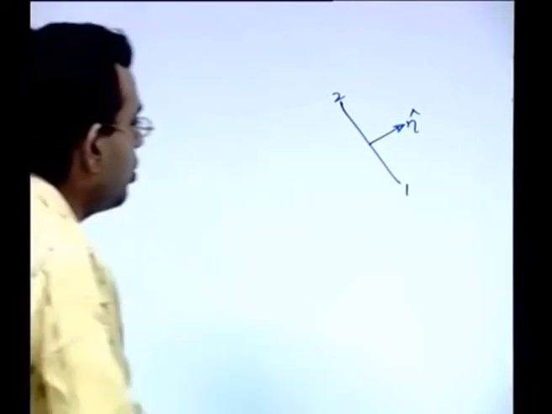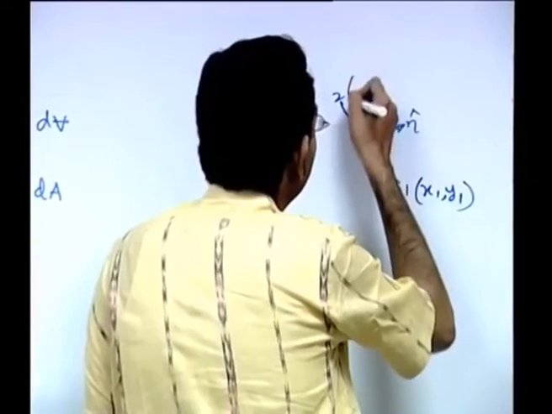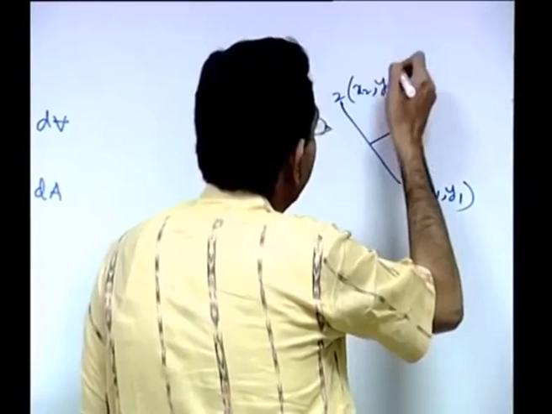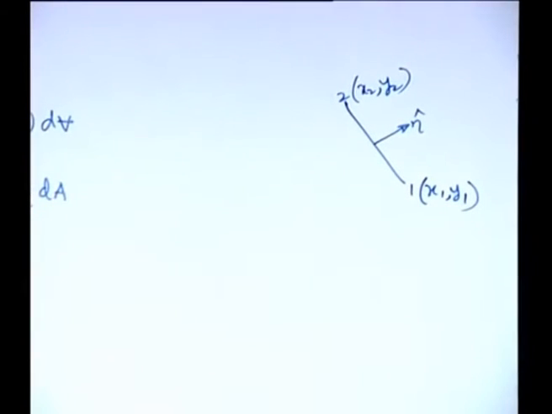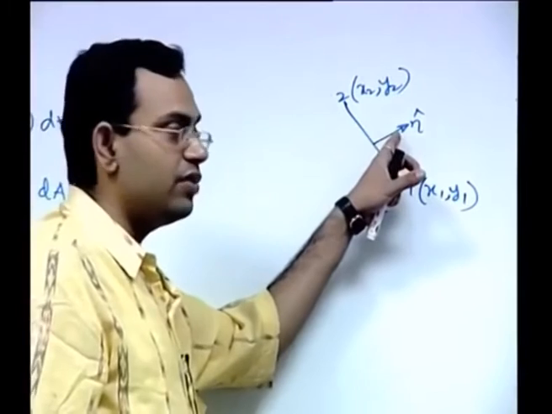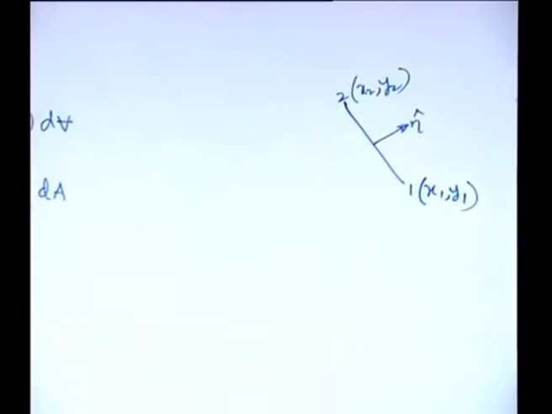Let us say that the coordinates of 1 are x1, y1, and the coordinates of 2 are x2, y2. Let us try to describe the unit normal vector eta in terms of these coordinates, because the coordinates are the information that you have in hand.